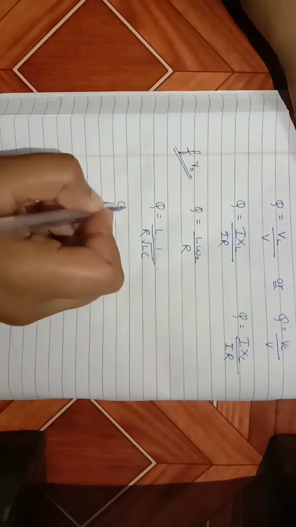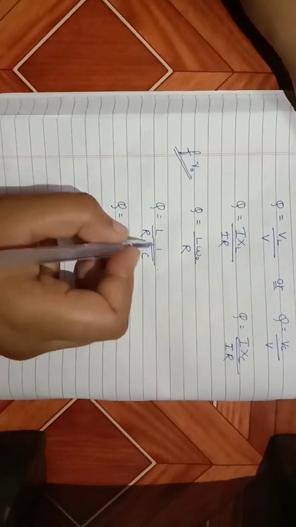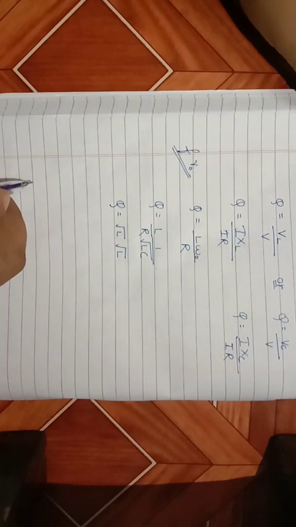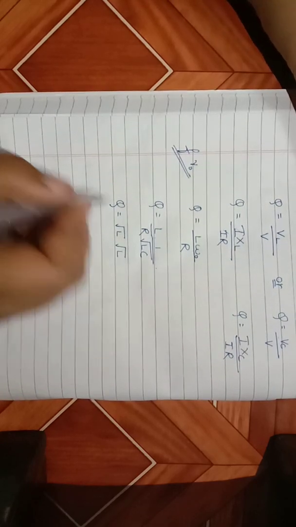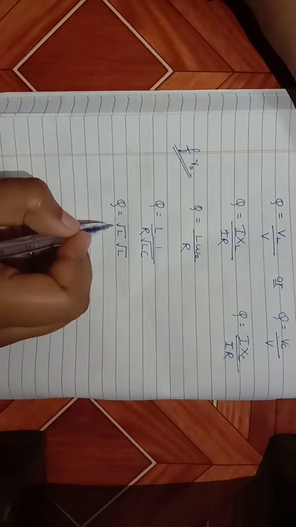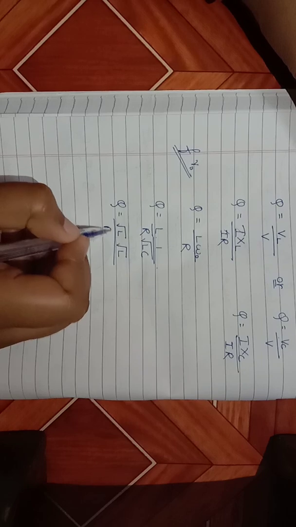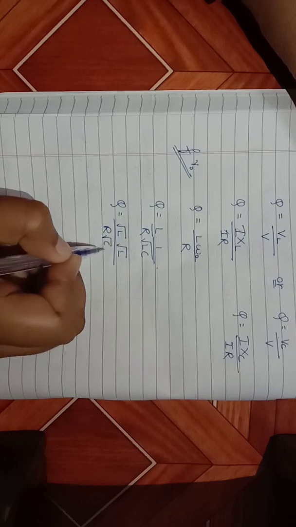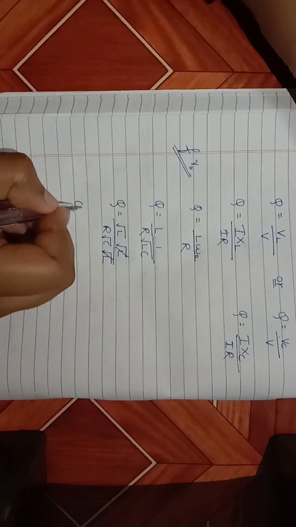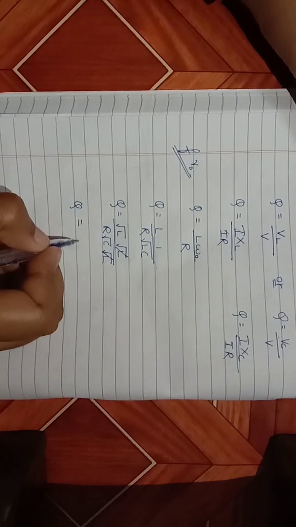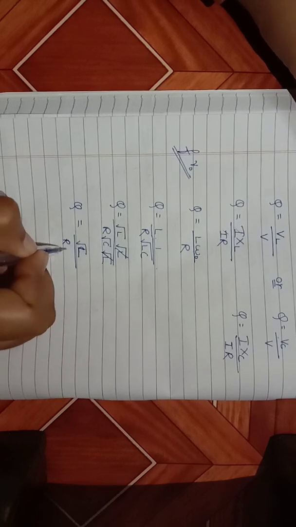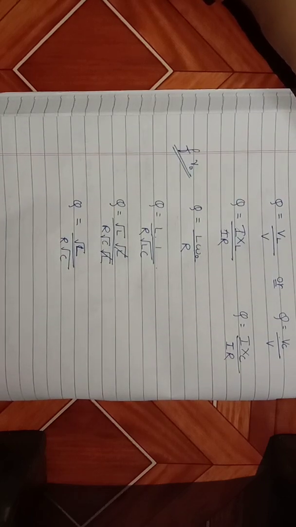L is nothing but root L into root L, which is L only, divided by, in the denominator, R root L root C into root L. Root L cancels. So Q is equal to root L divided by R into square root of root C.